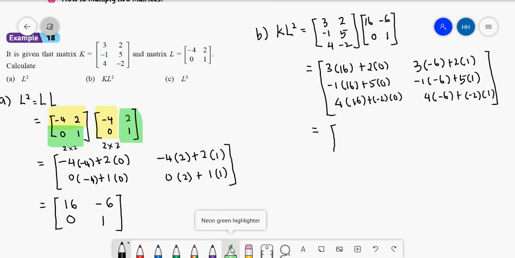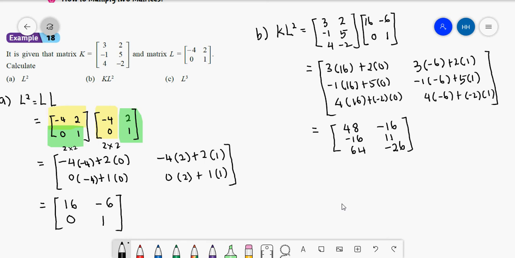So here you calculate 48, negative 16, and then negative 16, 11, 64, and negative 26. So this is the answer for question B.